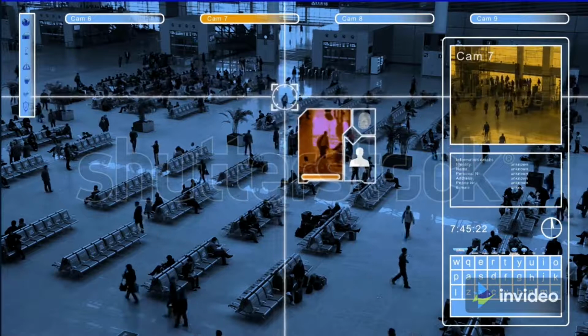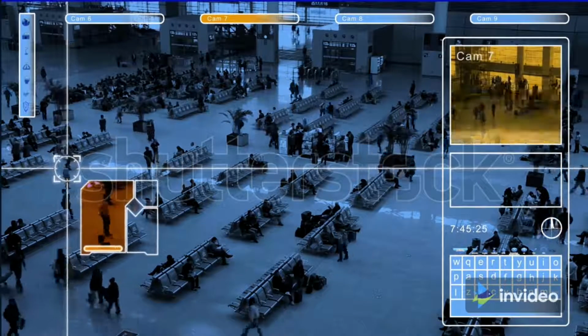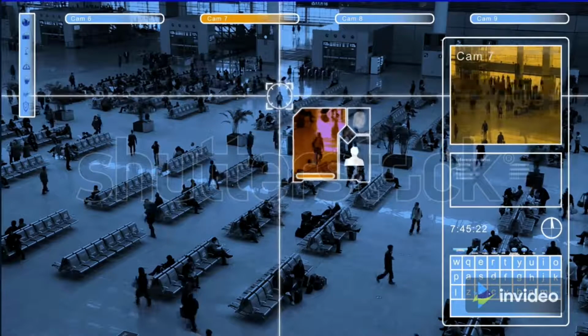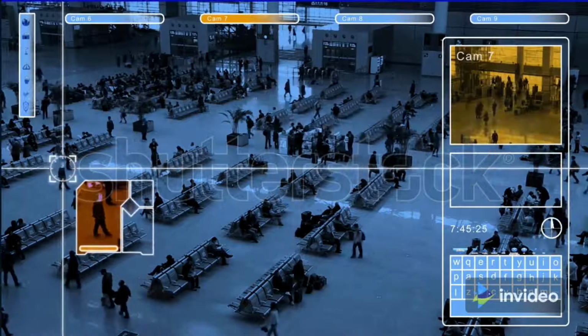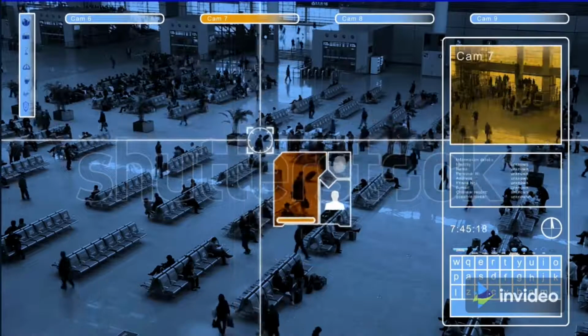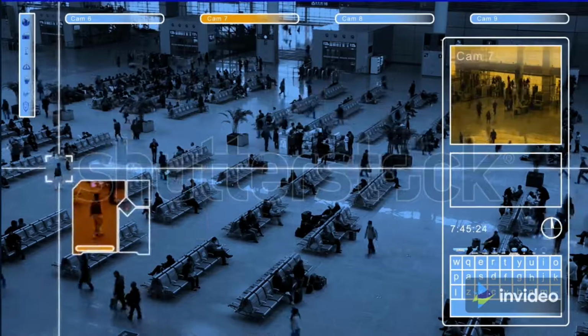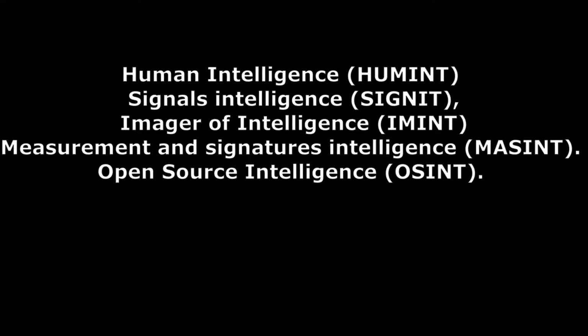What you are expected to understand in that unit, from the list of those intelligence collection disciplines, is that you need to be able to tell examples of each of them, and you need to know what each of them entails. So let's look at each of them one by one.